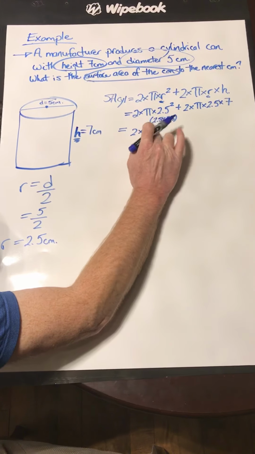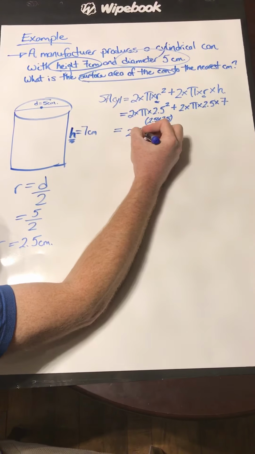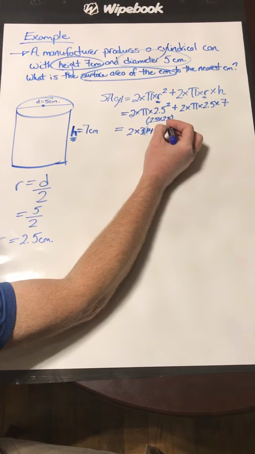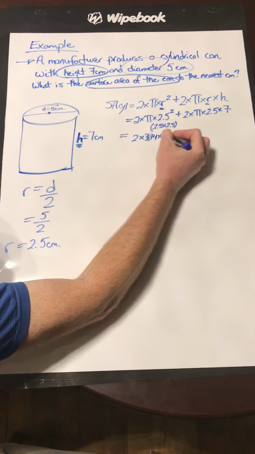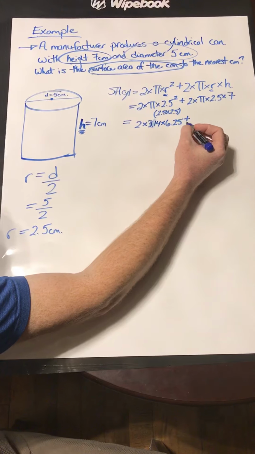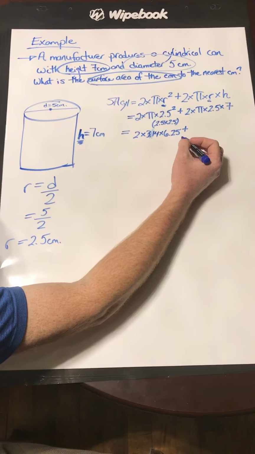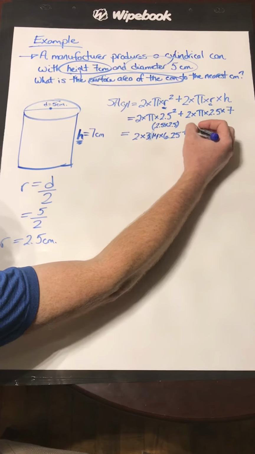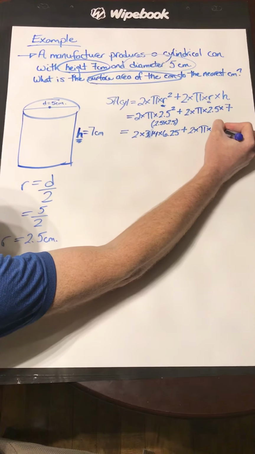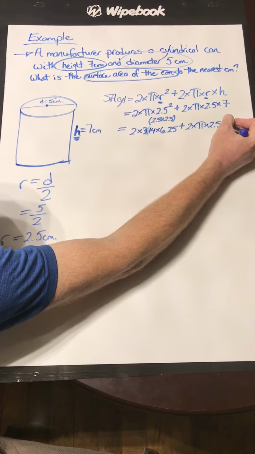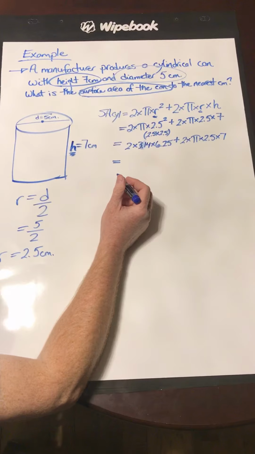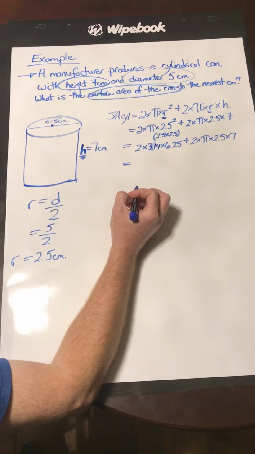I'm going to put in 3.14 here for pi. 3.14, 2.5 squared, or 2.5 times 2.5 is 6.25 plus, and I'm just going to keep this as is for now. So I've got everything substituted. Using my BEDMAS rules, I go ahead and solve.